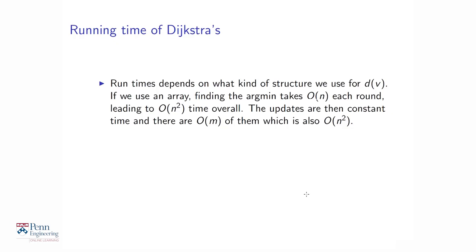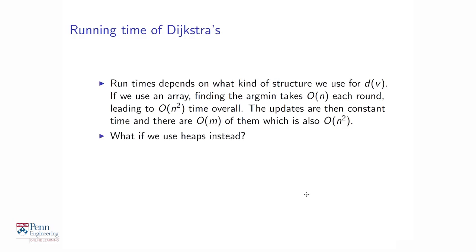But that's only one update per edge, and the total number of edges is m, so that's order m updates, and m is never more than n squared. This is also order n squared. So the overall running time of Dijkstra's algorithm, if we represent d using an array, is order n squared.